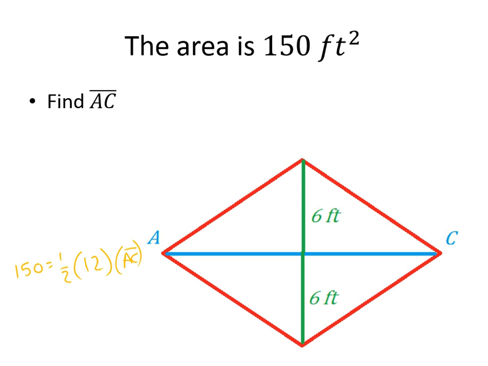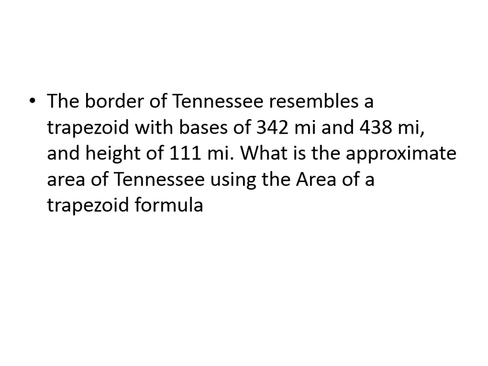Now we put all this together, which goes to 6 times AC is equal to 150. To get AC by itself, divide both sides by 6. 150 divided by 6 gets us a length of about 25, which means that AC must be about 25 feet. So again, using the formula, you can have the area and then you can find the other missing parts. Pretty simple, pretty straightforward.